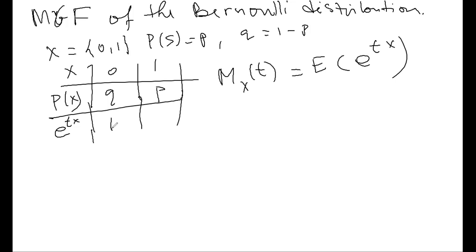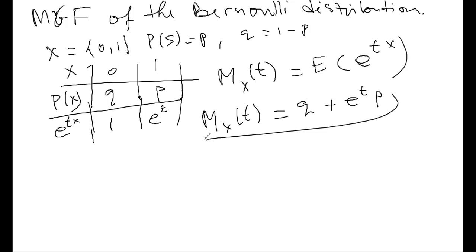And when x equals 1, e^(t1) is e^t. So the moment generating function here will be 1 times q plus e^t times p. So this is the moment generating function of the Bernoulli distribution.